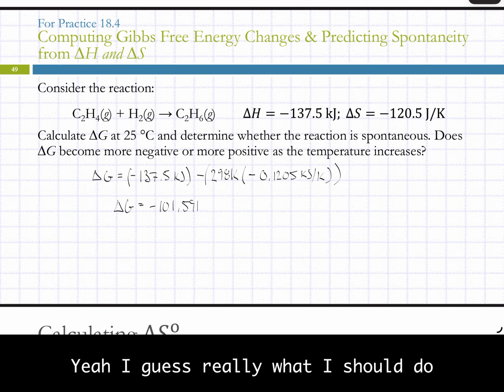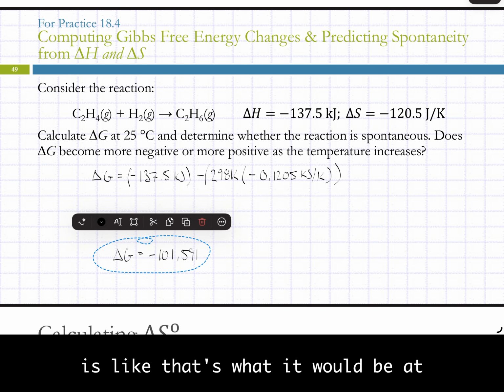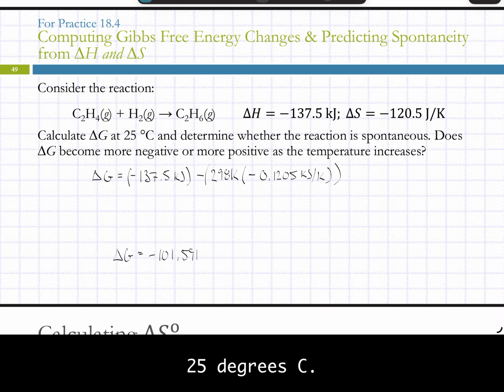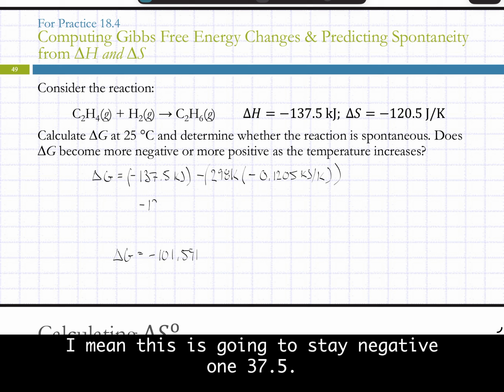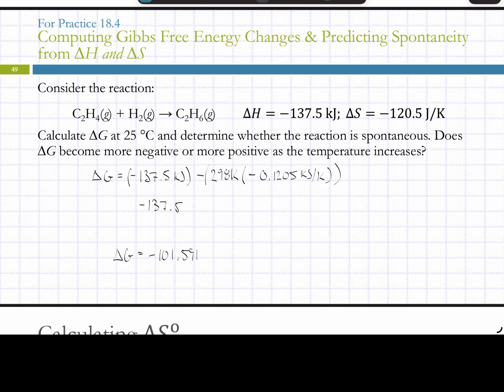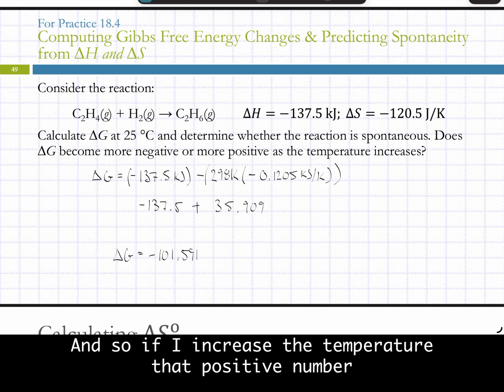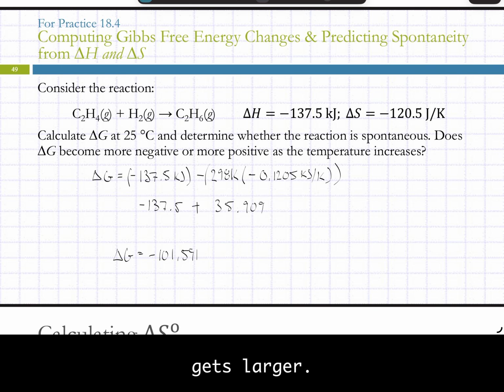Yeah, I guess really what I should have done is, that's what it would be at 25 degrees C. This is going to stay negative 137.5. But now I've got a negative times a negative, so it's going to be plus 35.909. And so if I increase the temperature, that positive number gets larger.